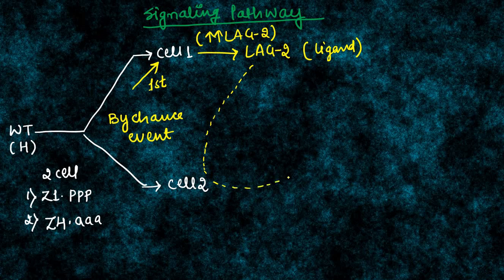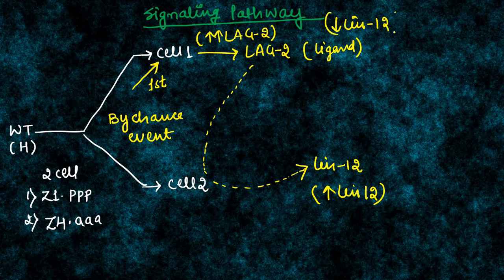for the production of lin-12. Cell 1 is giving the information to cell 2 that yes, I'm producing lag-2, that means I'm not going to produce lin-12. So this is a request: please start producing lin-12. That is why there will be a high concentration of lin-12 at cell 2, but a low concentration of lin-12 in cell 1.